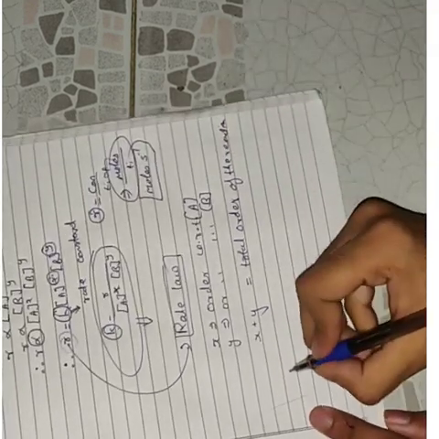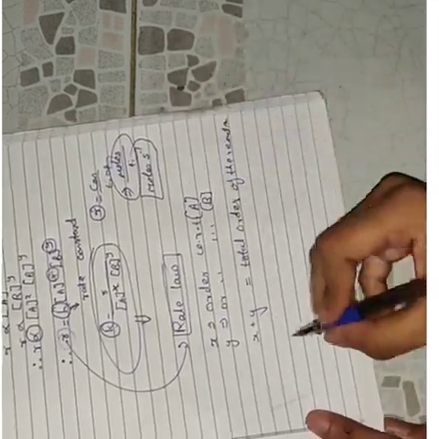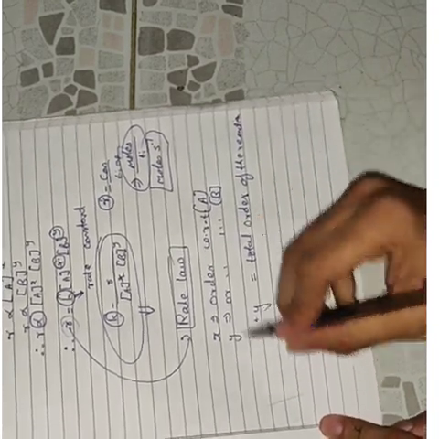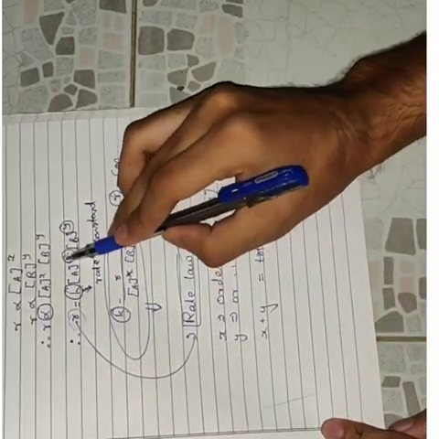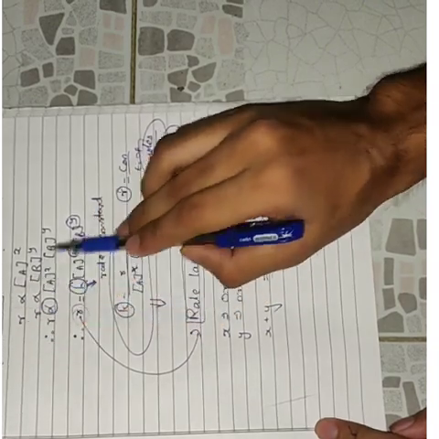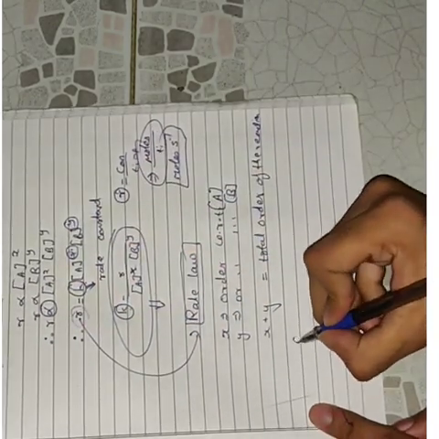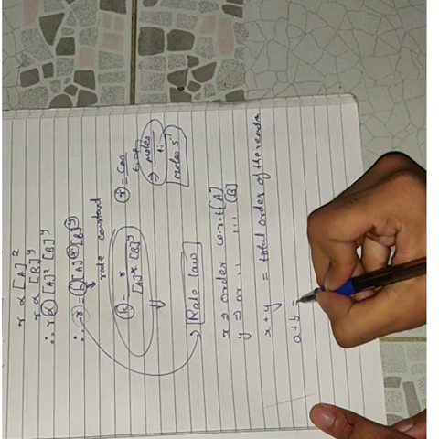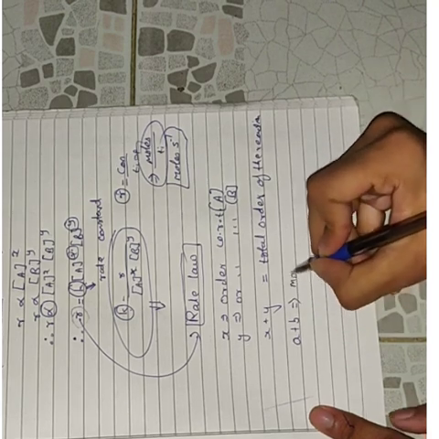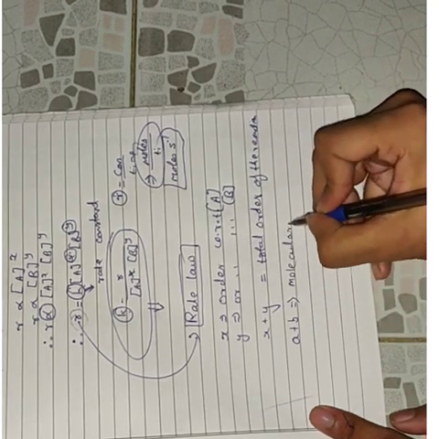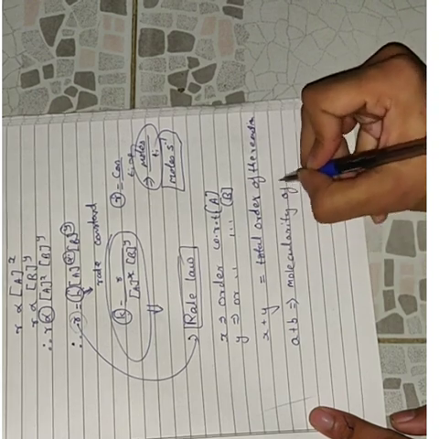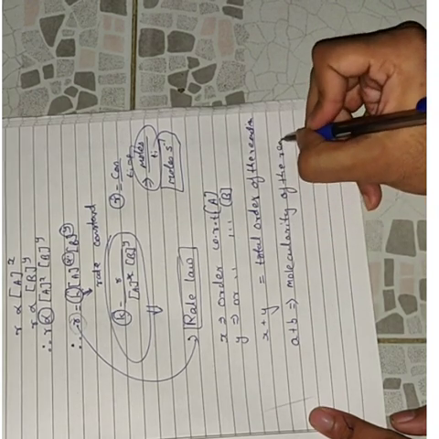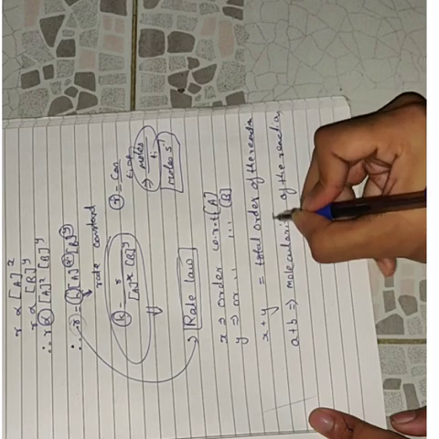It is very important to note that unlike in chemical equilibrium, instead of this X we used to write the stoichiometric coefficient, that is a and b. So let me tell you, a plus b is actually known as molecularity of the reaction. Now what do you mean by molecularity?